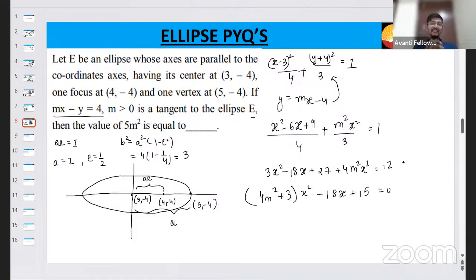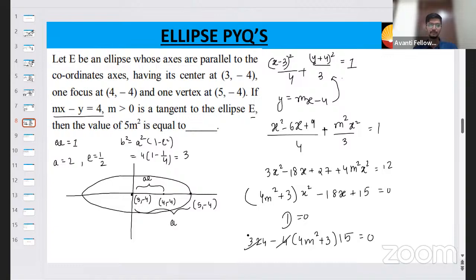Now, since the line is tangent to the ellipse, it means the discriminant will be equal to 0. Discriminant is b² − 4ac, so 18 squared, 324 − 4(4m² + 3)(15) = 0.